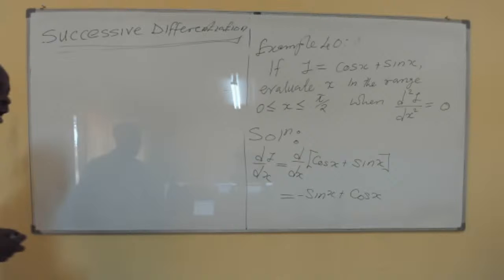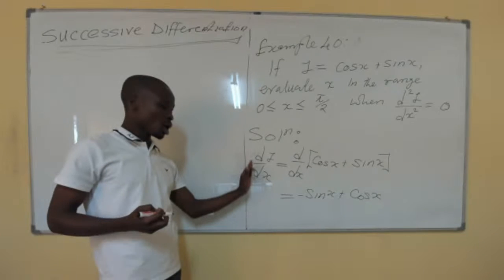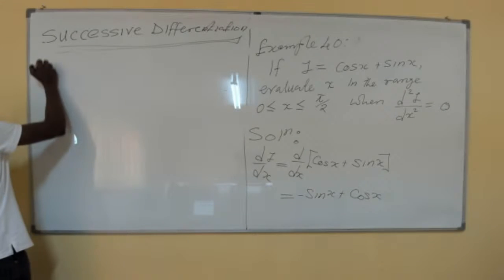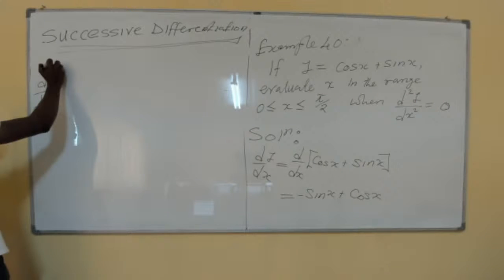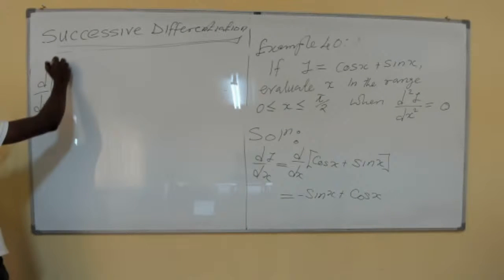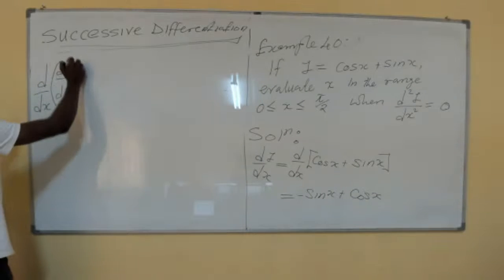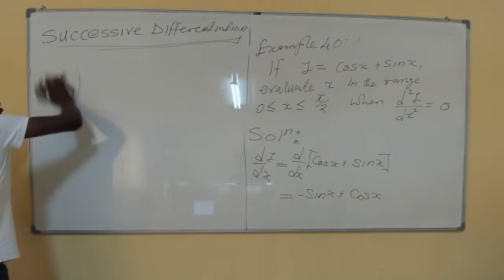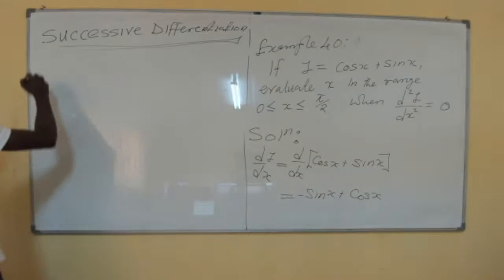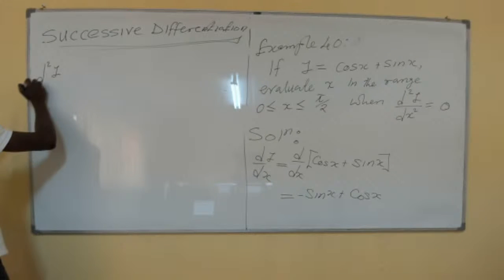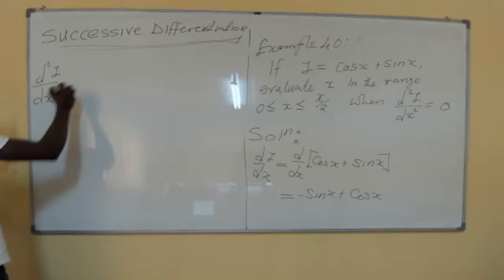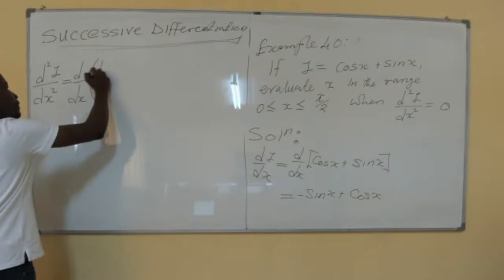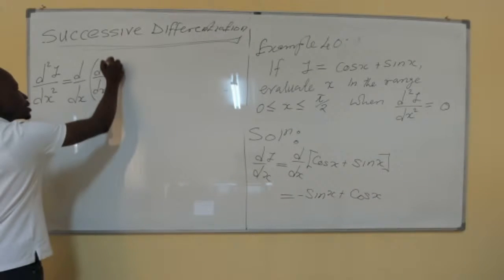Next, after having found the first derivative of the function y, which is equal to cos x plus sine x, we can find the second derivative. Let me just restructure this one. The second derivative with respect to x, which you can also write as the derivative with respect to x of the first derivative of y with respect to x.